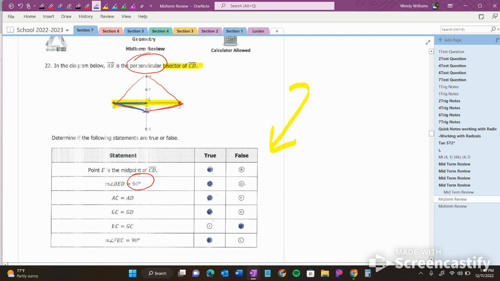Two different lines. One's on the bisector, one is not. One is part of the line that's being bisected. Not true. Never one, never all. This is a very, very important question. Make sure you're reading it carefully.